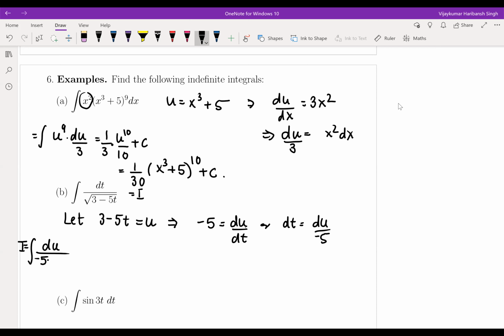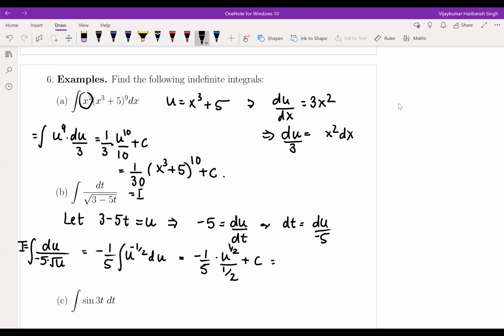And instead of square root of 3 minus 5t, I'm going to write square root of u. So this can be written as taking minus 1 by 5 out, integral of u to the power minus half du, and that is going to be, using the power rule, u to the power half plus 1, which is u to the power half, dividing by half, which is the same as multiplying by 2.